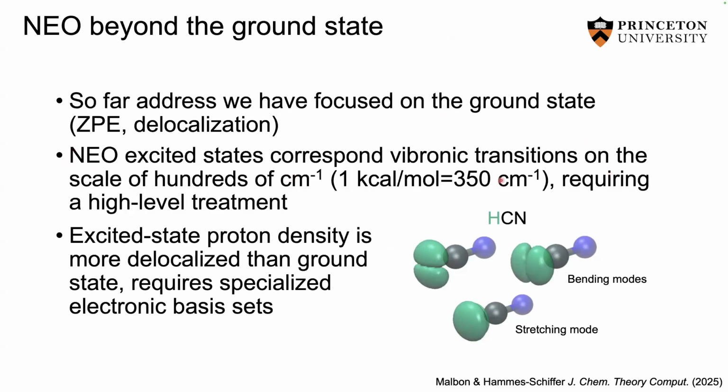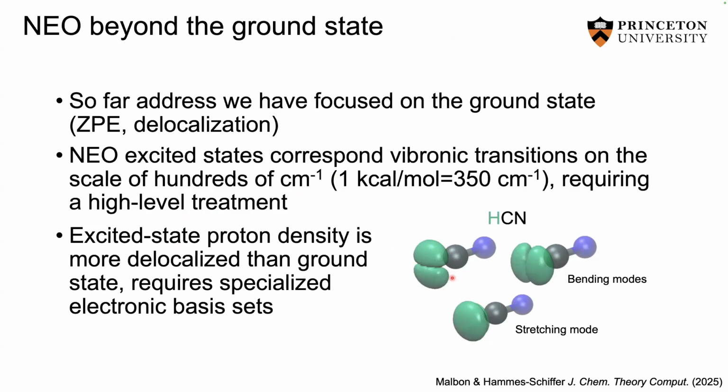That's simply because the energy scale of vibrational transitions is on the order of hundreds of wave numbers, and 1 kcal per mole, so what we would call chemical accuracy, is around 350 wave numbers. So if we're going to do a single electronic structure calculation with no Hessian or anything like that, and just resolve these states, both electronic and vibrational energies, we have to have a very high degree of precision to resolve accurately these vibrational states.